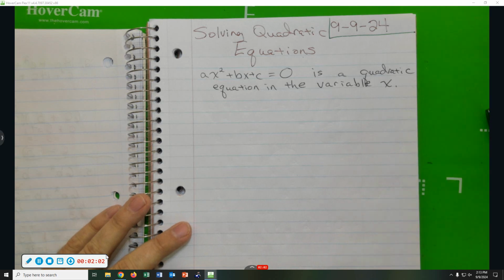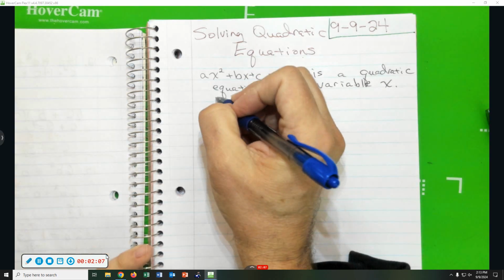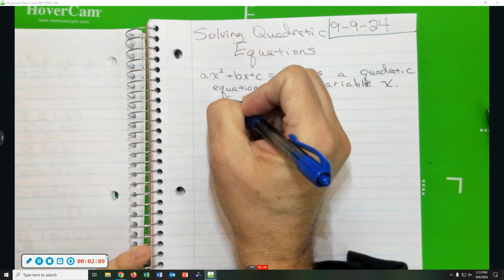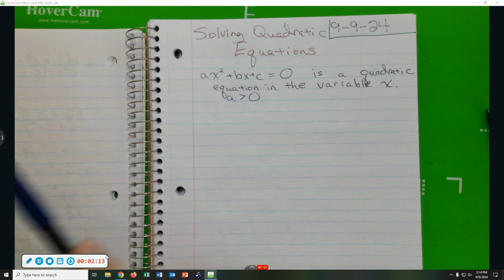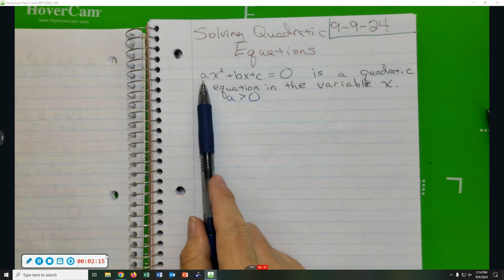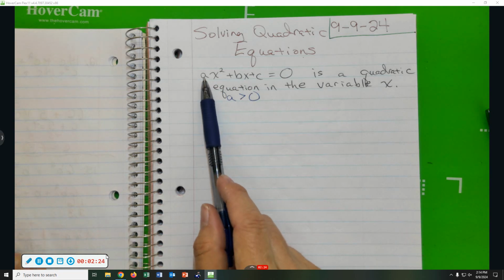Instead of just saying A can't be 0, I'm going to make a stronger statement. I want my A value to be greater than 0. If my A value, the coefficient of x squared, turns out to be negative, I'm going to change it so that it's positive. We want that leading coefficient to be positive.